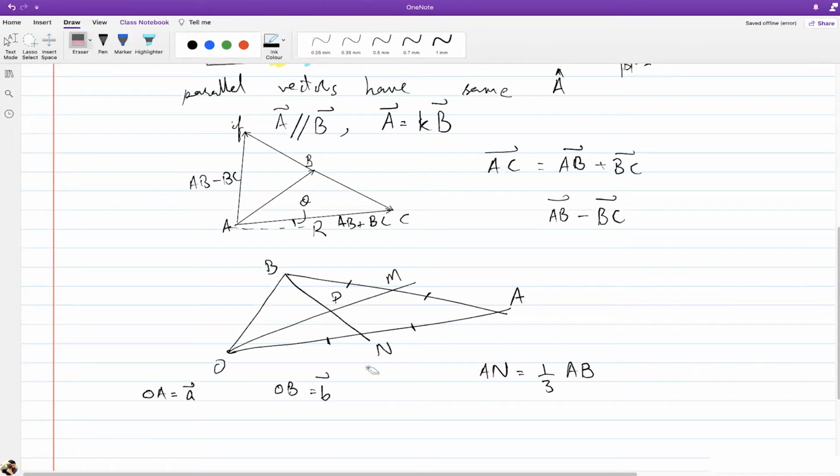So you don't really know if it is indeed half or not. We just know this thing. Okay. So now try to figure out what OP is.